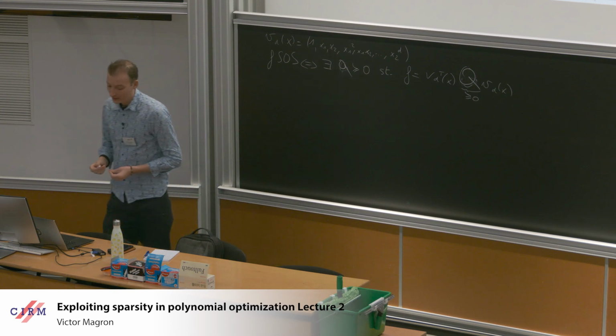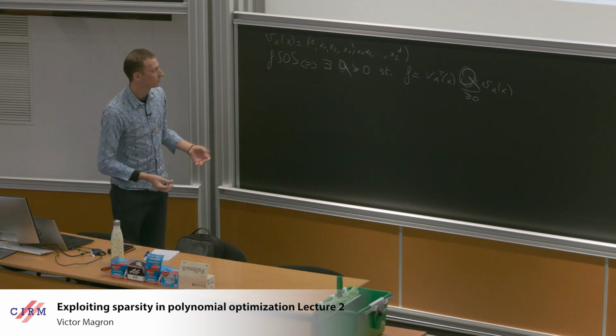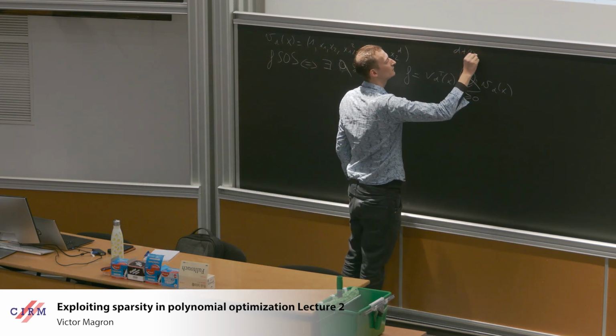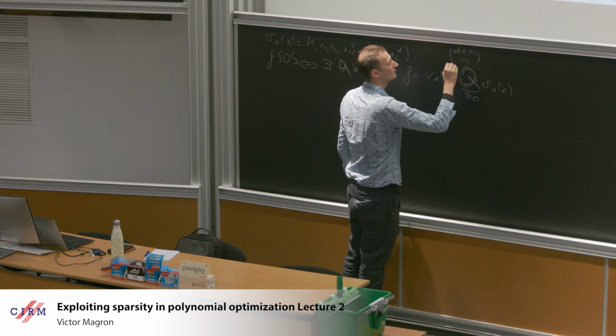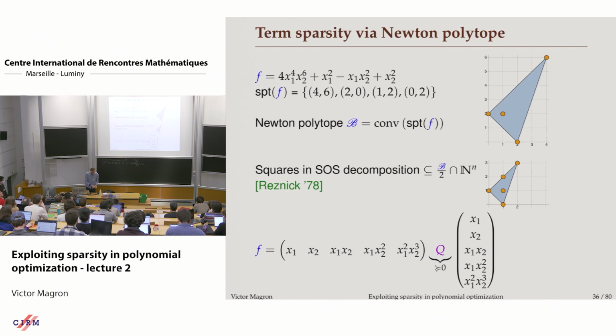So this matrix here is 5 by 5 instead of (G plus n) choose n. Okay, so 5 is nothing, right? So this is the basic idea, and then you can do quite some stuff with this, especially if you want to optimize polynomials without constraints.